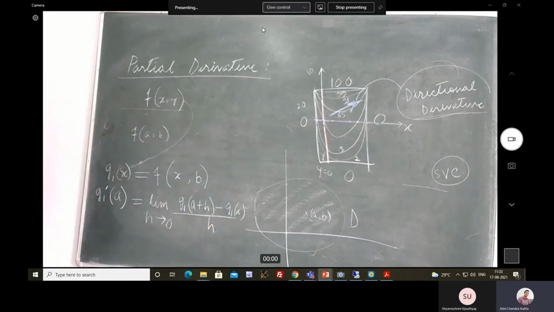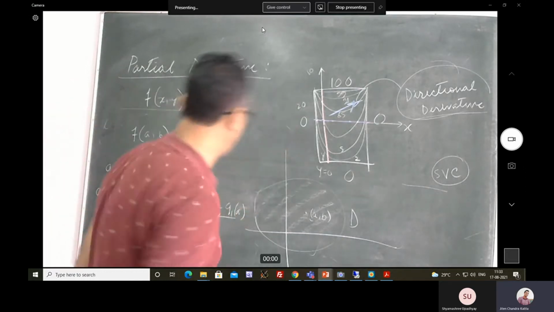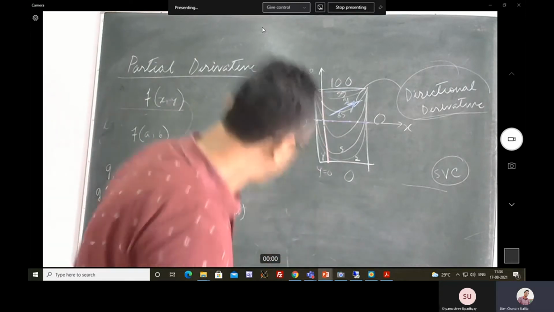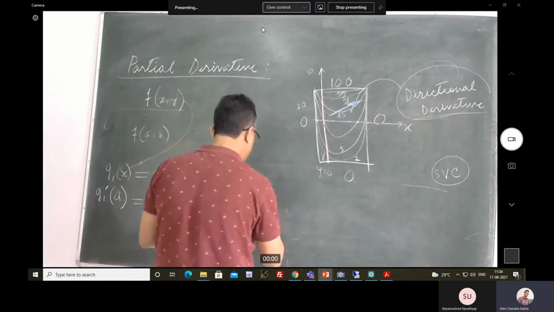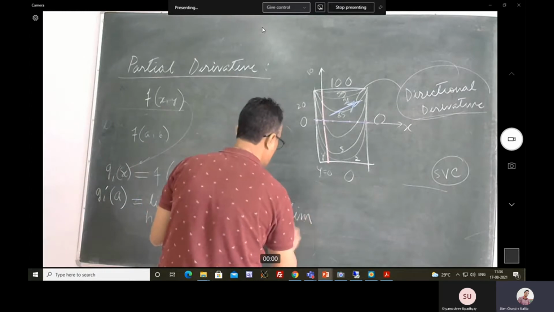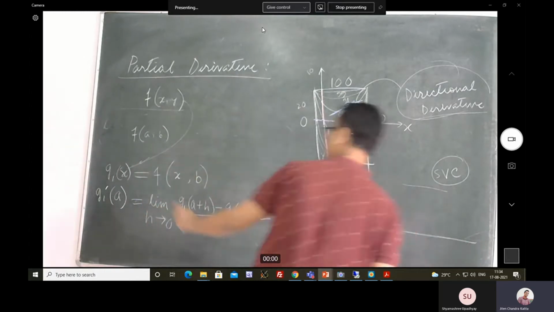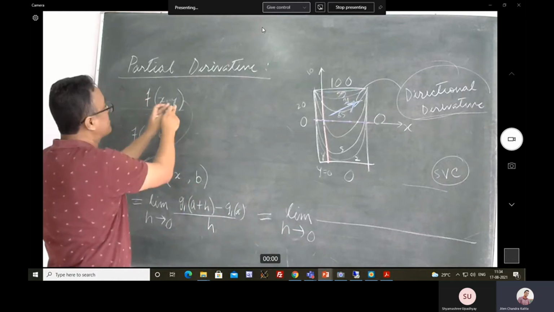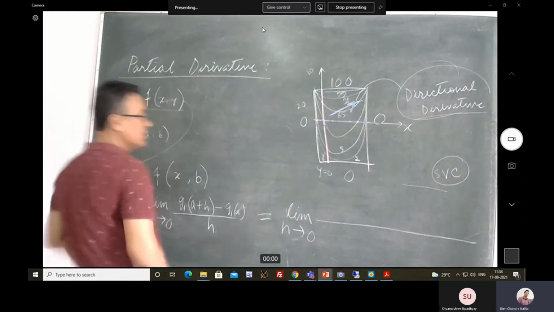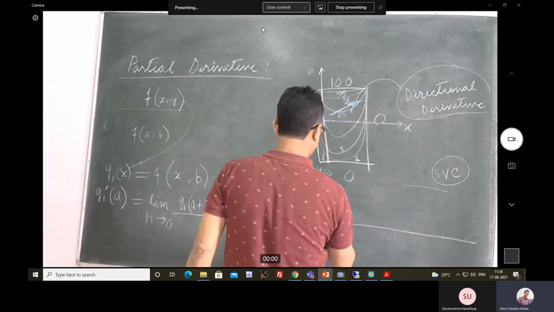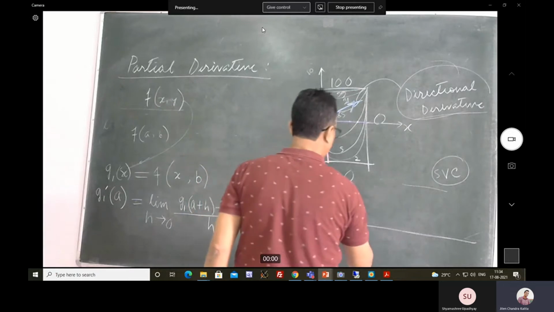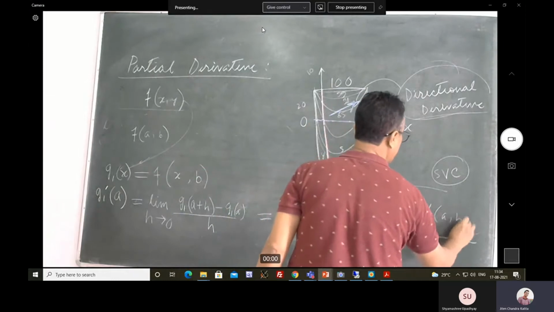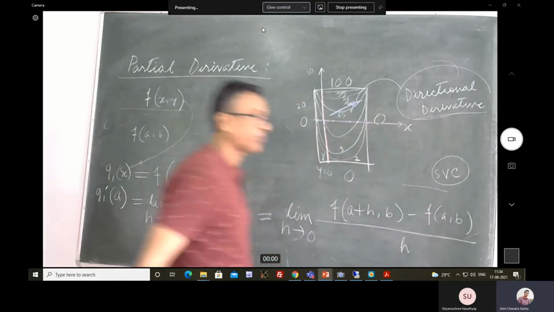Is it okay? Fine. So now if I convert g1 into a function of two variables, g1 was nothing but obtained from the original function by keeping y fixed. So then this is simply going to be limit h tends to 0 of (f(a + h, b) - f(a, b)) divided by h.